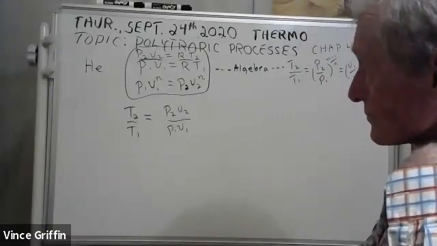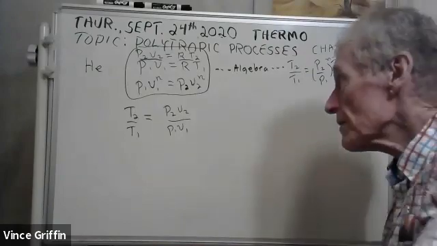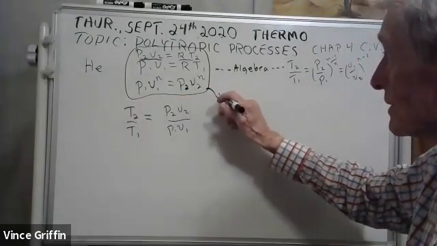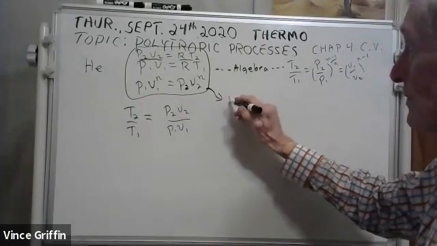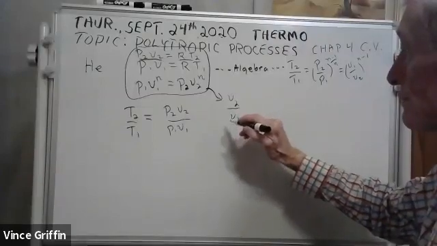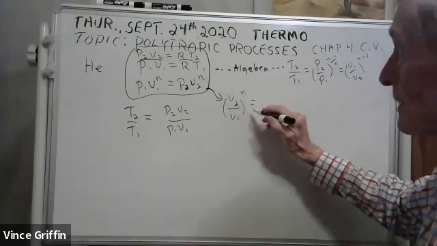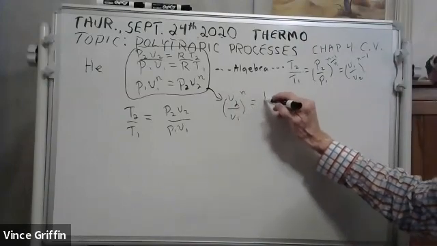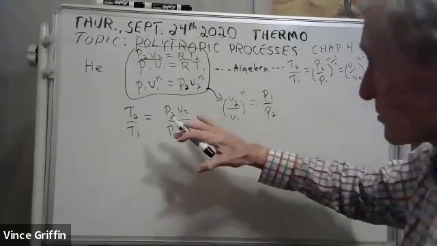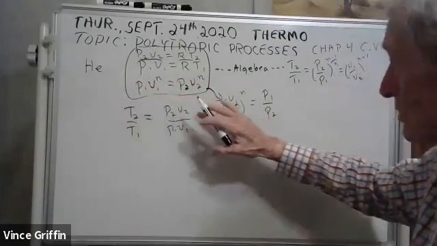Now, what I'm going to do is take this equation here, and I'm going to write V2 over V1 to the n power is equal to P1 over P2. Actually, I did two algebra steps. Can you get from this equation here to this?